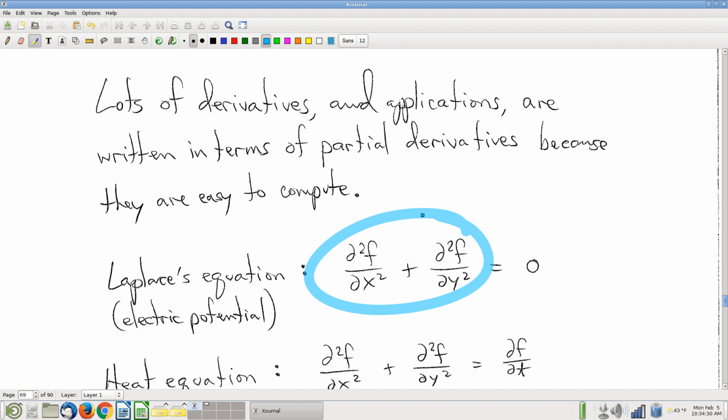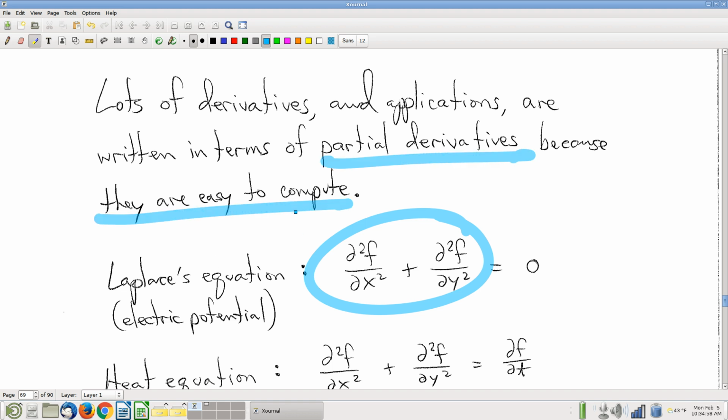It has interpretations in physics and engineering classes, where you'll learn why we care about it. It has to do with understanding how electric potential behaves. But here it's written in terms of partial derivatives, which means that if I ever want to compute Laplace's operator, no problem. Crank, crank, crank, crank. It's super easy to compute because partial derivatives are so easy to compute.